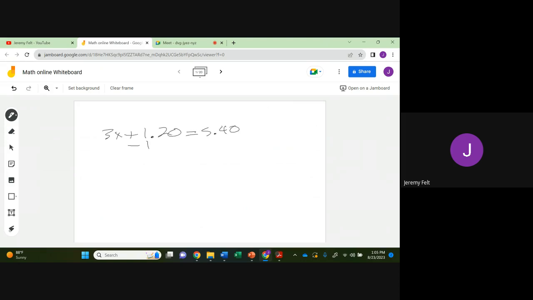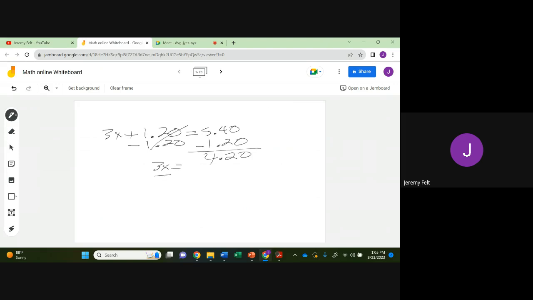Inverse of addition is subtraction. 1.20 minus 1.20 is just 0. So that's how I'm able to get rid of it. I do the same thing to both sides. So I'm left with 3x, or 3 times x, equals 4.20.